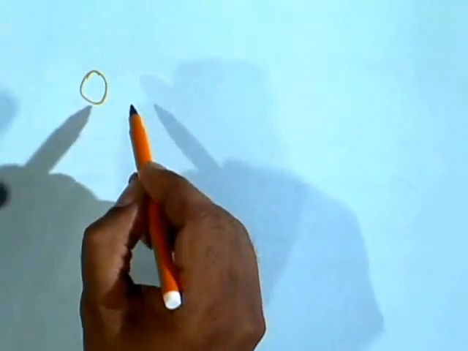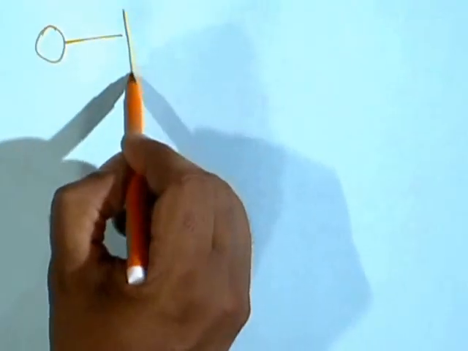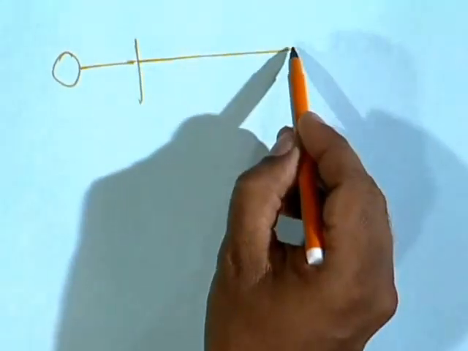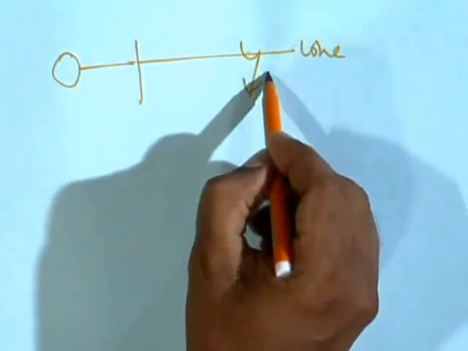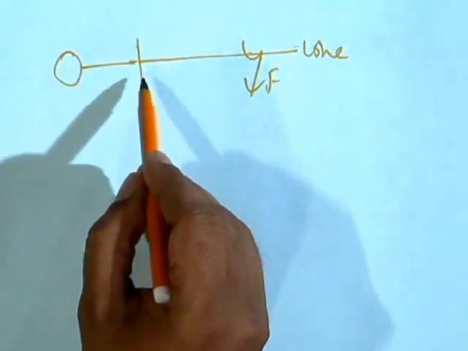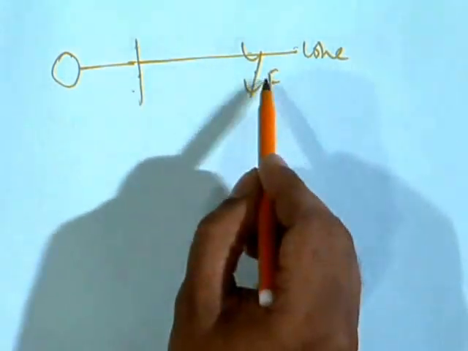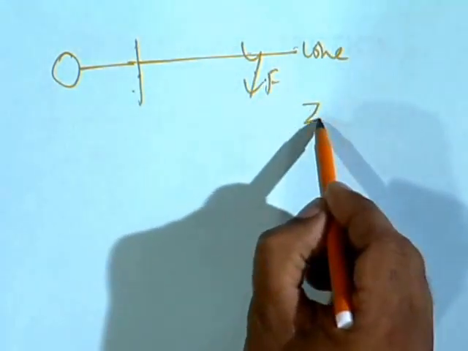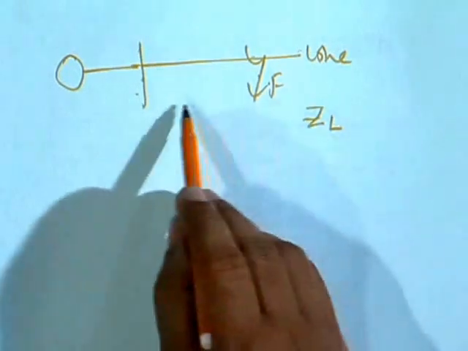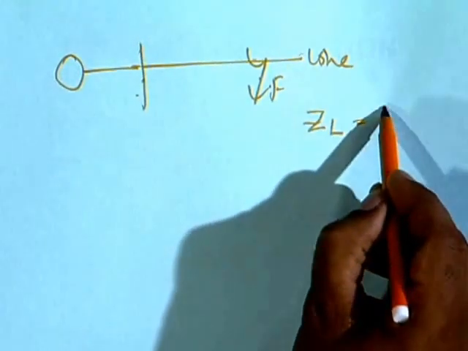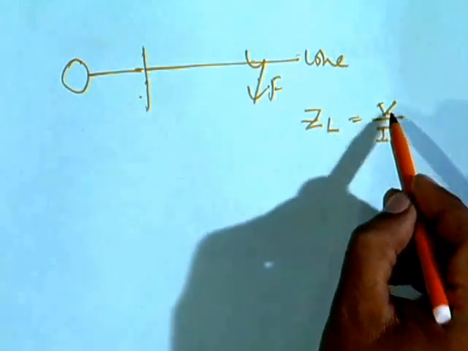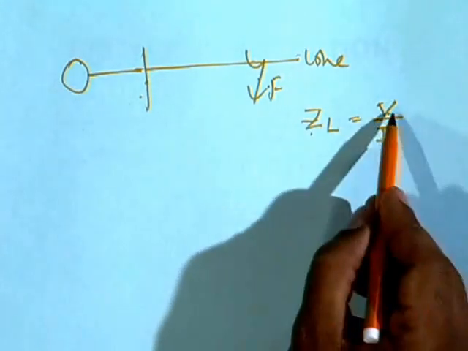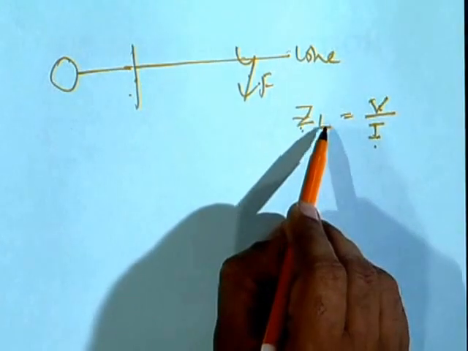Now, this is the generator, this is the substation, this is the line. If the fault occurs here, initially from here to here some impedance will be set, that impedance is called ZL, and that impedance will be measured. How will it come? We know the transmission voltage, we know the current. So V by I is Z, that is, voltage by current is the impedance of the line.